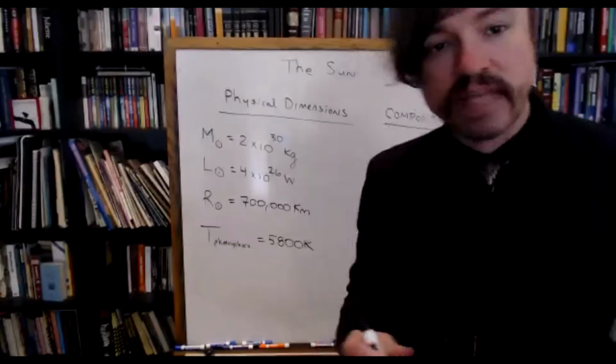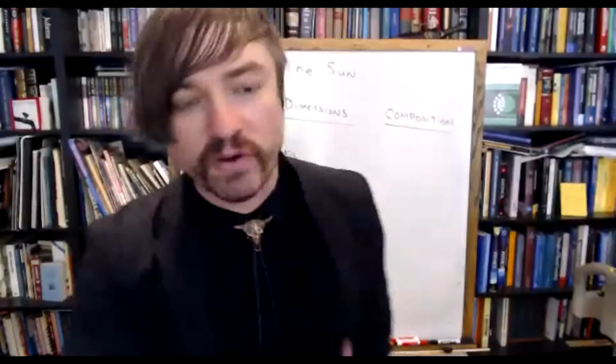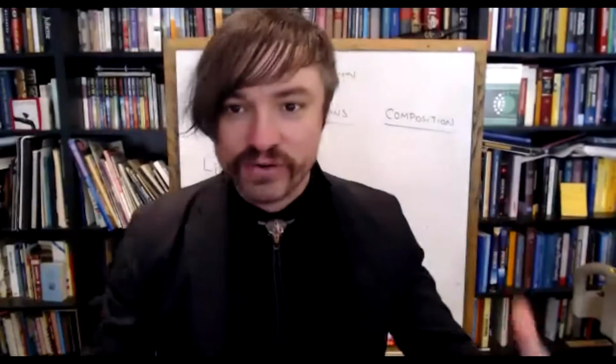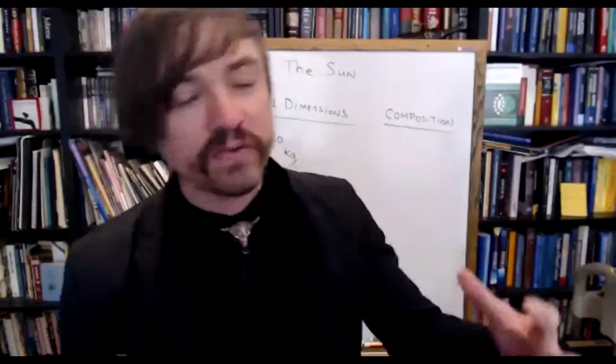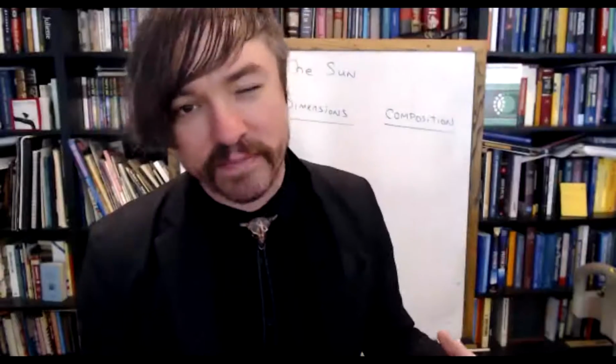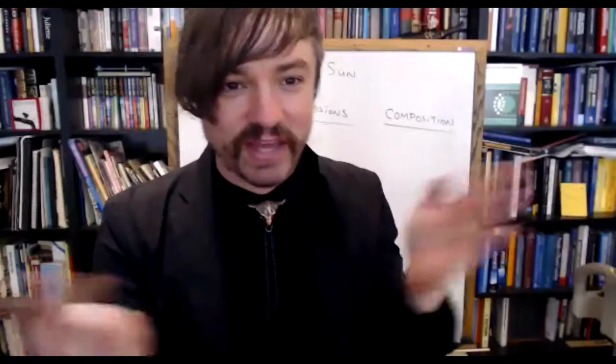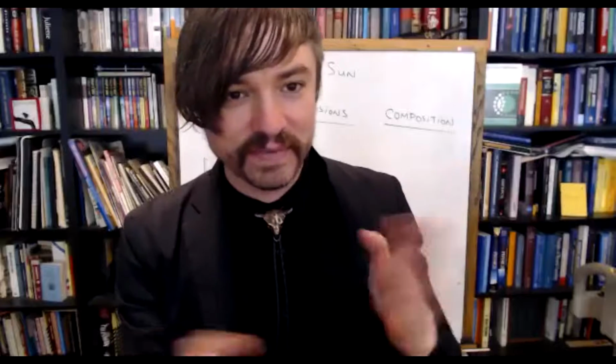Now, sometimes people say, like if you like that They Might Be Giants song, the sun is a mass of incandescent gas. And it is true that the sun is a ball of gas. The sun also could be thought of as a ball of plasma. And plasma is a gas. So those two things are not irreconcilable.